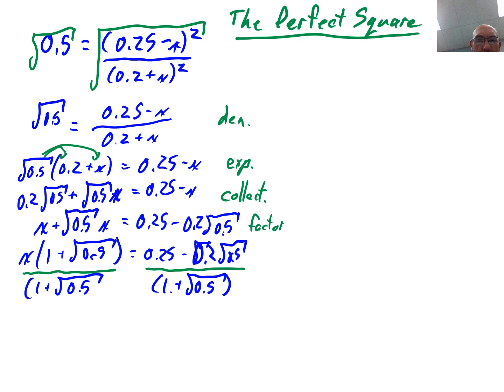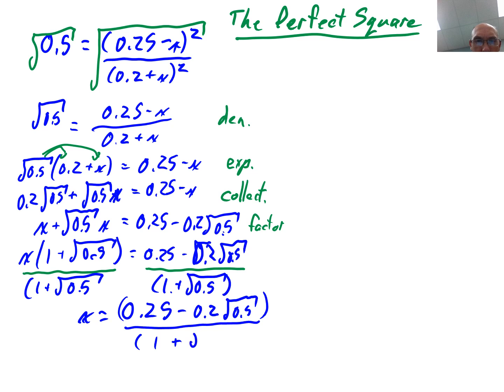And that leaves us with this expression that says x equals 0.25 minus 0.2 times the square root of 0.5 all over 1 plus the square root of 0.5.